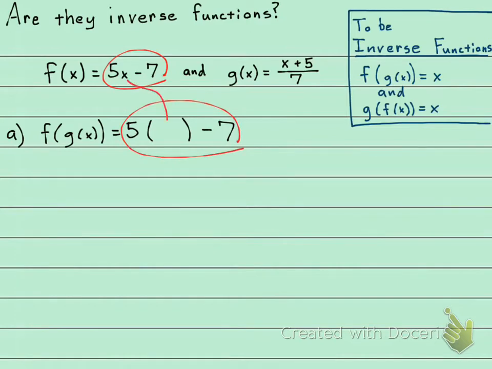But instead of x, we're going to plug in the g of x. So let's put the g of x right here inside those parentheses. The g of x is x plus 5 over 7.